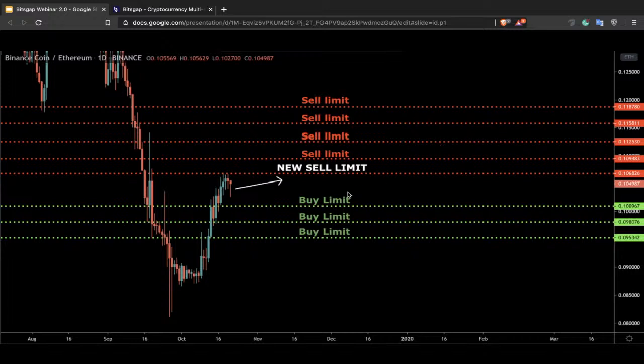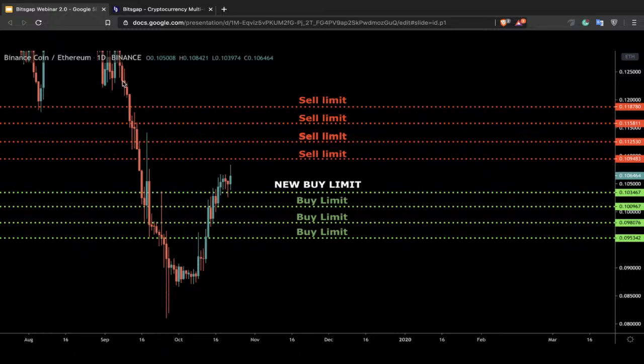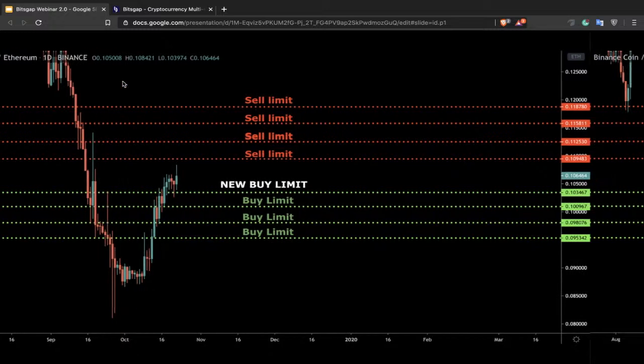And each time the price approaches certain levels, like here, for example, you see that the price approached our newly set sell limit order. So the bot will now execute the sell limit order. It's going to sell Binance coin in this case for Ethereum. So we will cash out in Ethereum, and then a portion of this Ethereum will be used again to place a new buy limit order.